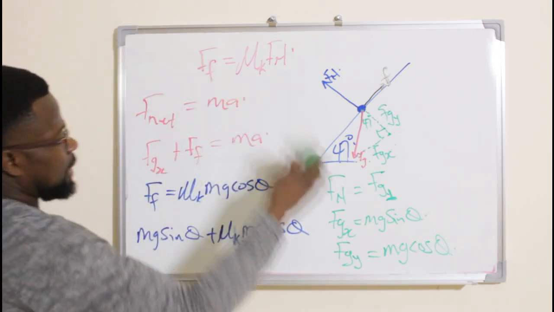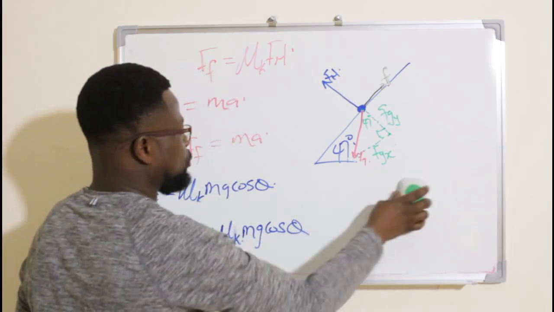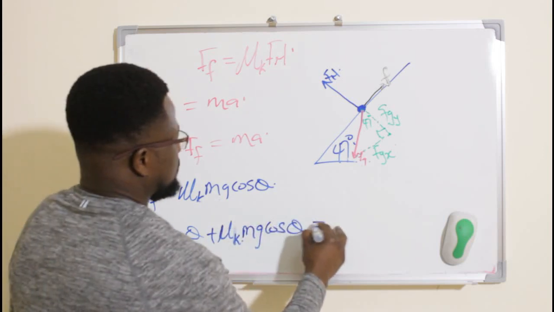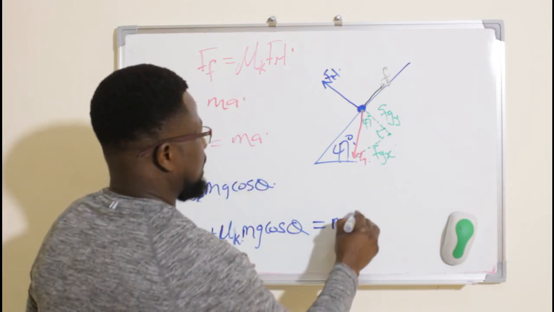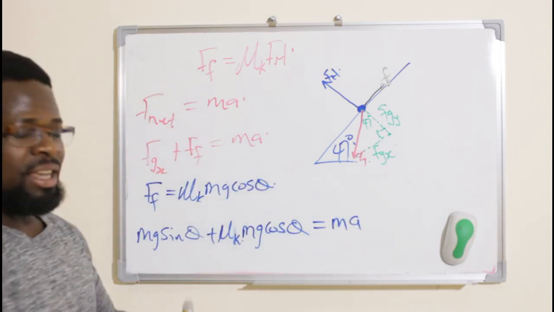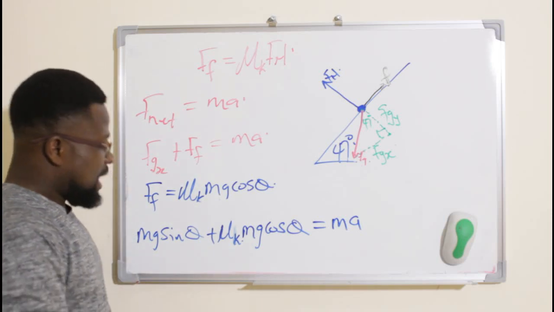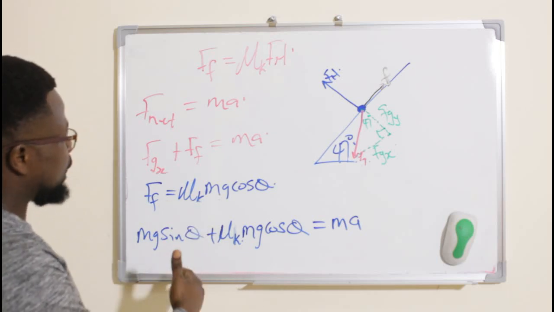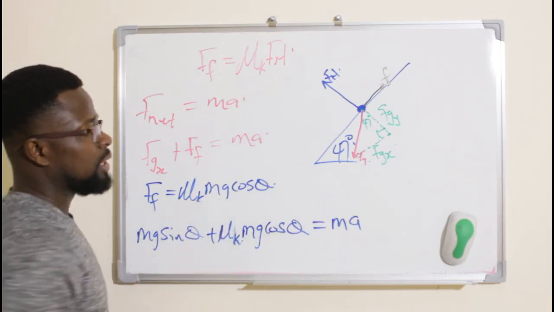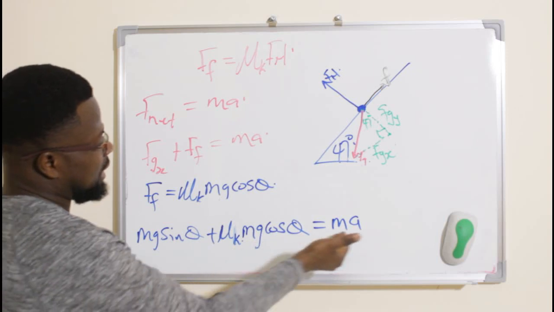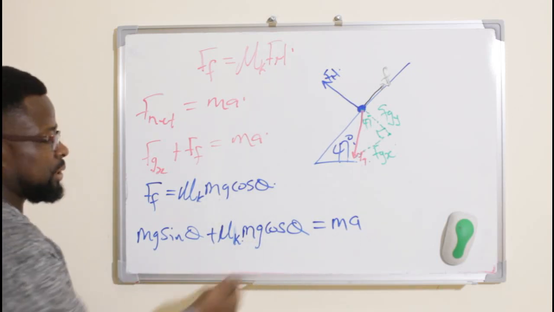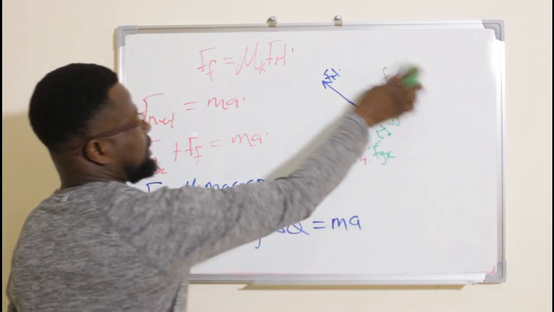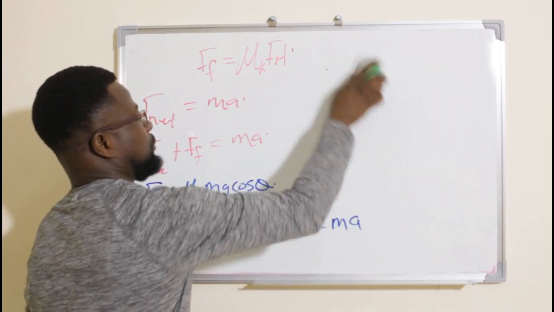And all these must be equal to the mass times the acceleration. Once I have this, I can substitute the values into this and solve for acceleration, because everything here is known with the exception of the acceleration. But let's go straight, do the substitution, and find the acceleration from there.